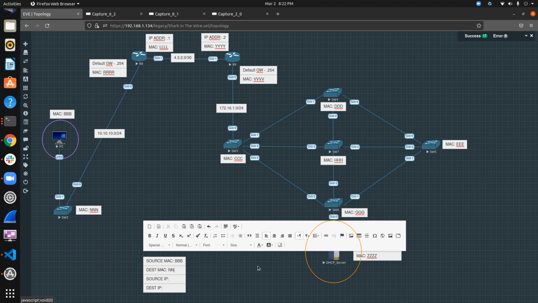Because it's broadcasting out, and it's saying, "Hey, does anyone know what a DHCP server is?" And it's calling out. I'm wondering because it's the closest to it, it has to go through that node to go to its next point. So it's between.